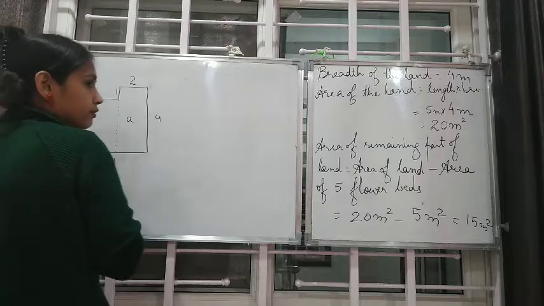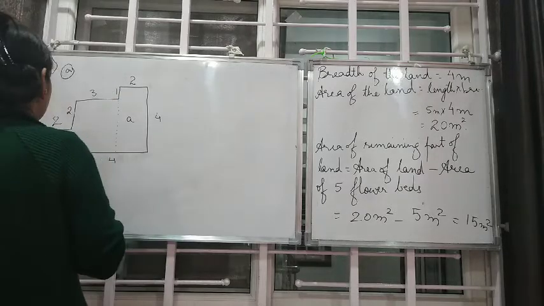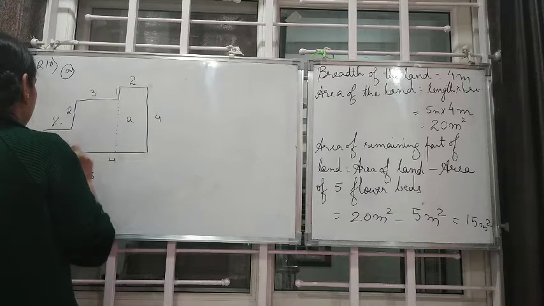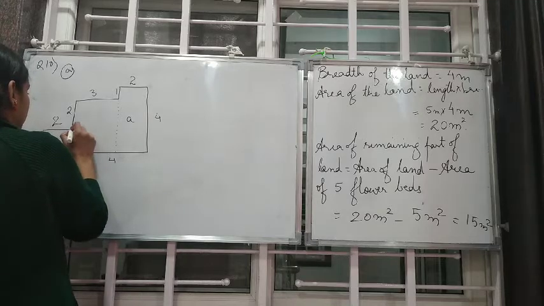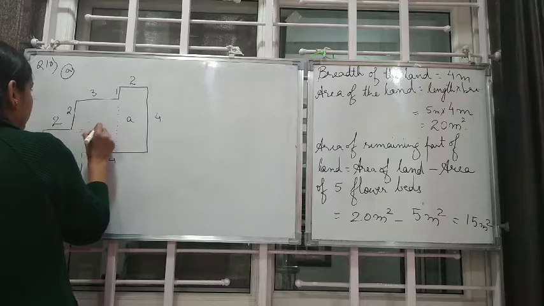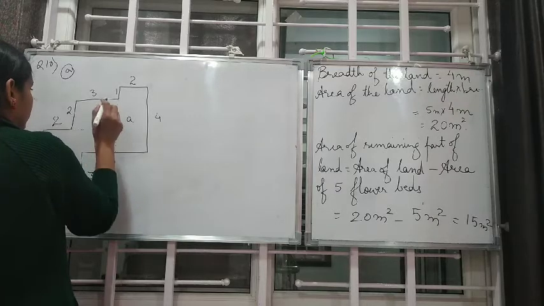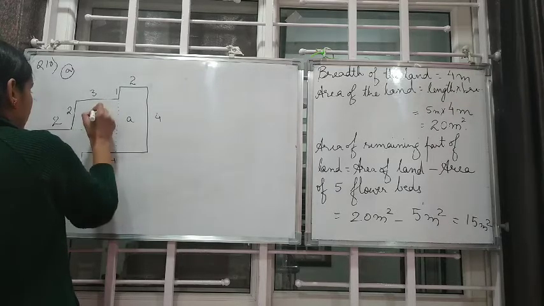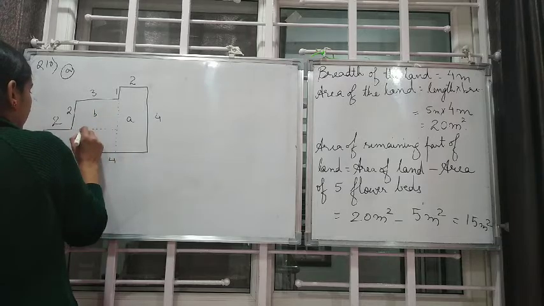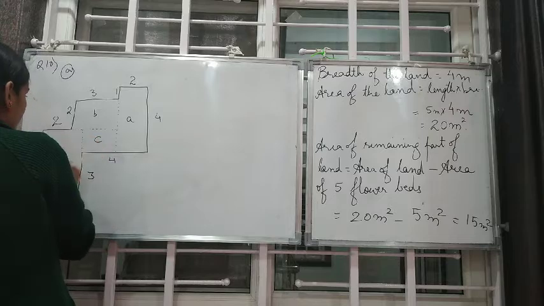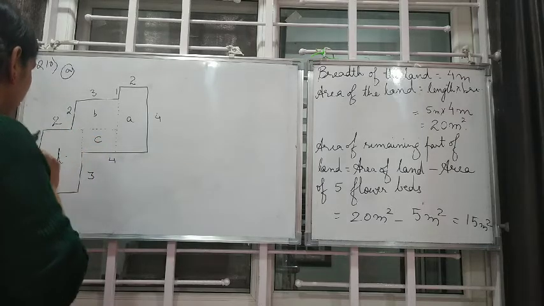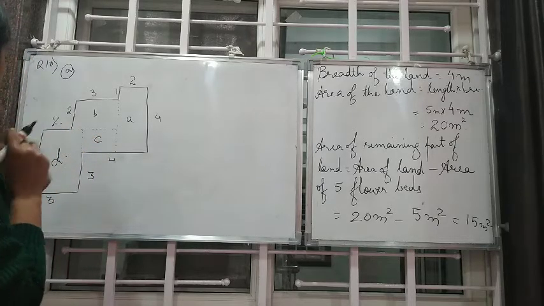This is A. This is B. This is C and this is D. Okay?